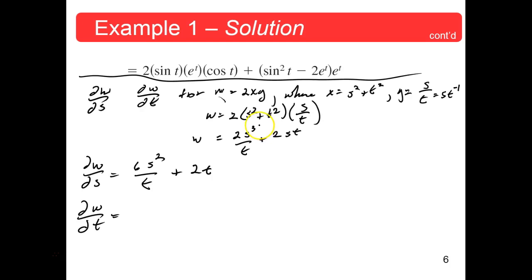I think I would rather write this as 2s cubed t to the minus 1. So the partial of w with respect to t then would be minus 2s cubed t to the minus 4.